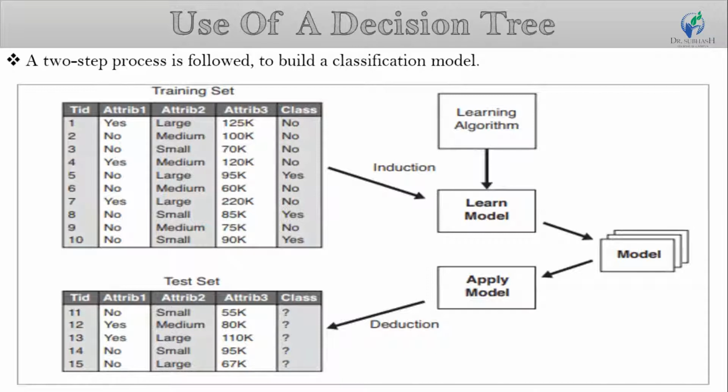In the second step, or we can say in classification, the accuracy of the model is checked and the model is used to classify new data. The class labels presented here are in the form of discrete values such as yes or no and safe or risky. So this way we have classified a model.